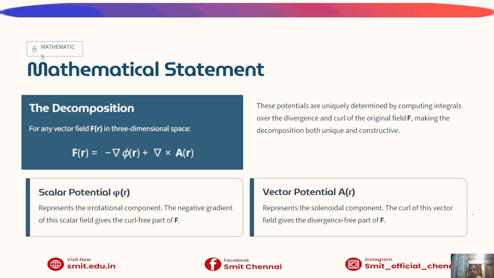In magnetostatics, the magnetic field B is expressed as the curl of a magnetic vector potential A. This formulation is extremely useful in solving magnetic field problems because it automatically satisfies the divergence-free condition. The concept of vector potential also plays a central role in advanced electromagnetic theory and wave propagation analysis.